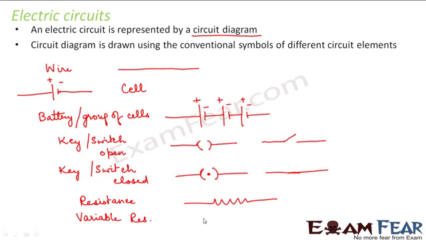Sometimes I want to keep a variable resistance so that during my experiment or during the operation of the circuit, the resistance should be able to change its value. That kind of resistance is known as a variable resistance or a rheostat, and that is represented like this. So this resistance can change its value depending upon the requirements of the circuit.